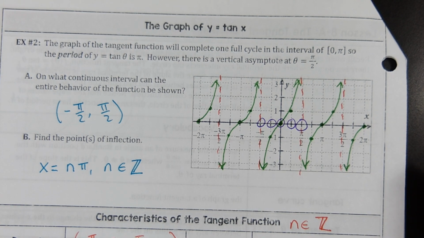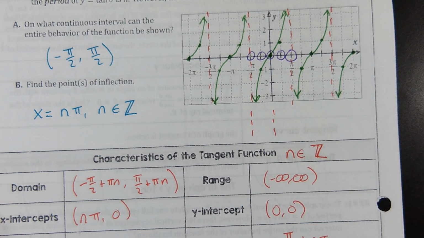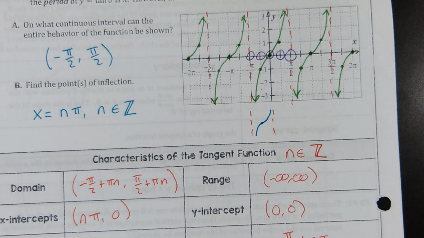The shape I memorize for tangent is that. I know that that is what the parent tangent function looks like. I can reflect it, and of course I can shift it. Of course I can stretch it and shrink it in both directions, but that's what the parent one looks like.